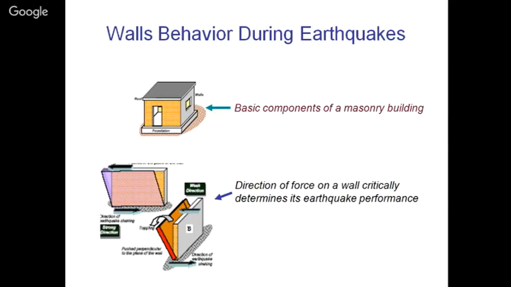In that case, it acts as a shear wall and safeguards the building more. In the other case, the inertia will be less, and due to that there will be a problem of out of plane failure. The resistance of the wall will be less for that particular earthquake force. So the direction of force on a wall critically determines its earthquake performance.